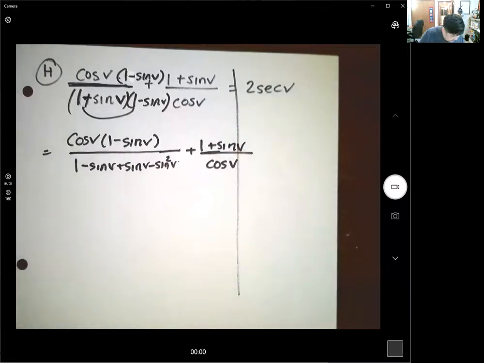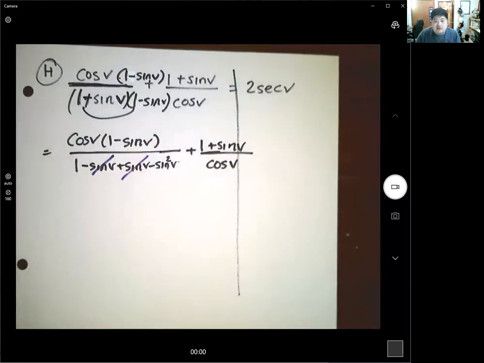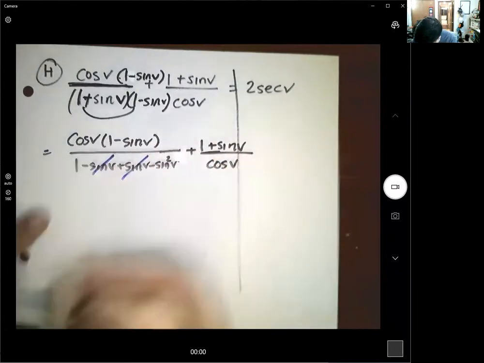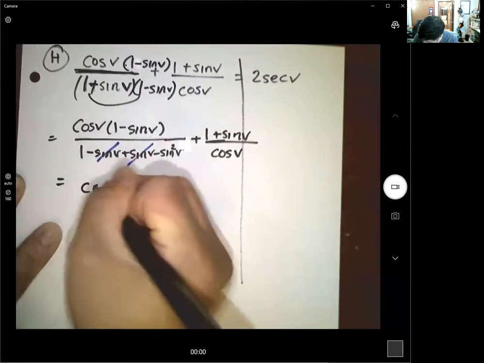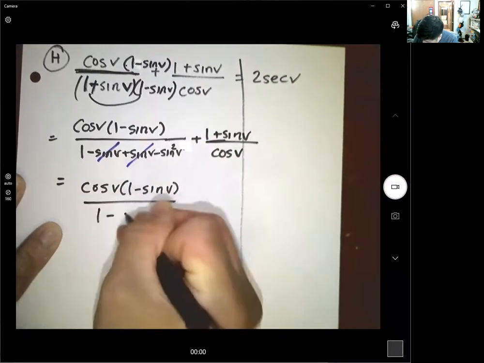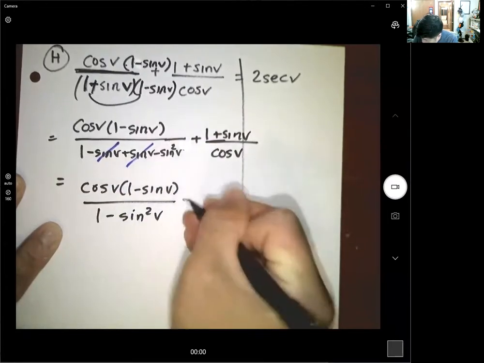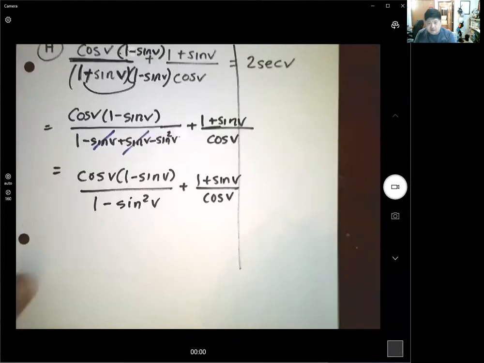So now here, the sine of v's zero out. So I'm left with, all right, what am I left with here? I'm left with cosine of v times 1 minus sine of v over 1 minus sine squared v plus 1 plus sine of v over cosine of v.